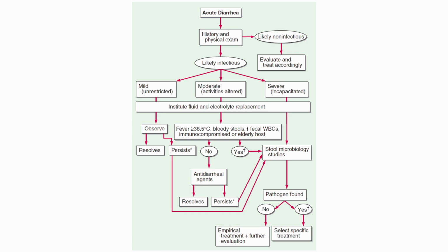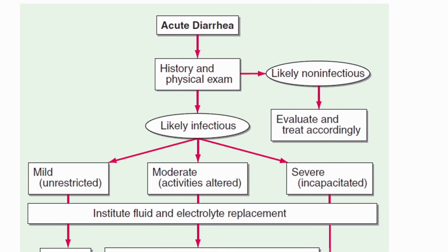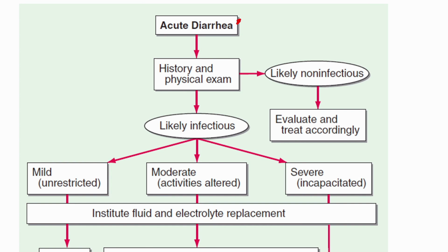This is basically an algorithm: if a patient presents to you with acute diarrhea, how will you evaluate that patient? For example, if a patient comes to you with acute diarrhea, you will do history and physical examination, and if it is likely a non-infectious cause, what are the non-infectious causes?